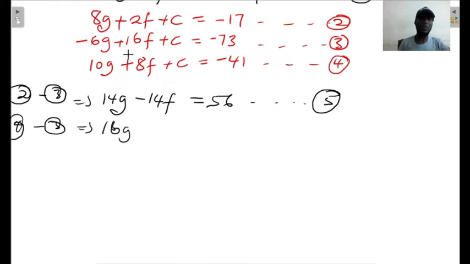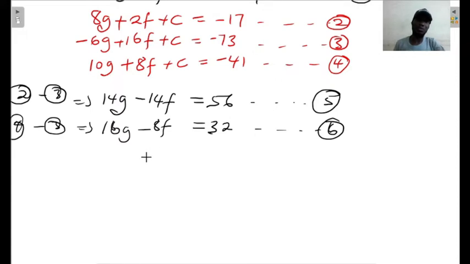Then 8 minus 16 give us negative 8f equals negative 41 minus negative 73. That will give us 32. Let's make this equation 6. So here we just eliminate the c, so we reduce the three variables to 2.